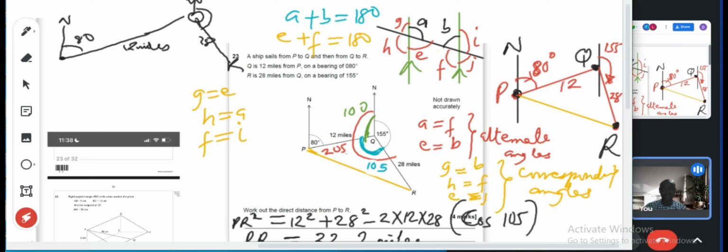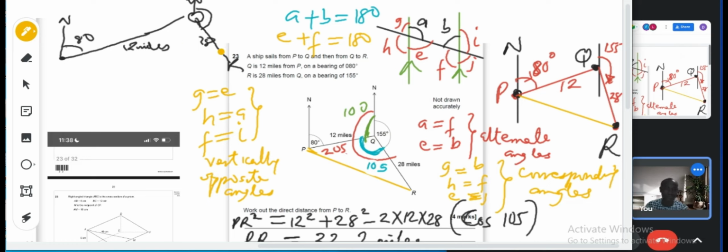That's basically what you need in understanding vertically opposite angles, and they are also equal. Is that fine? Okay.